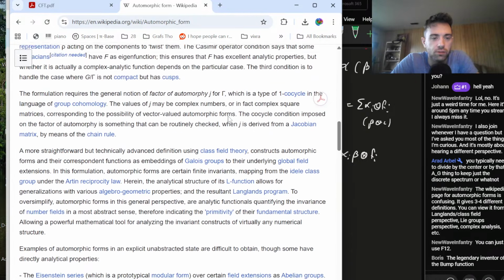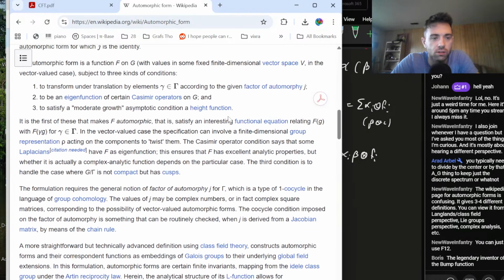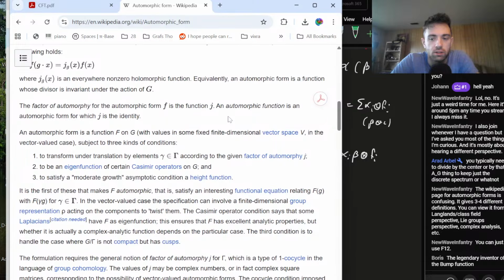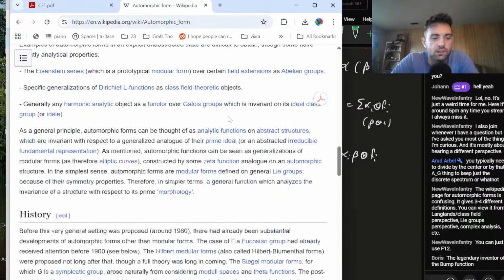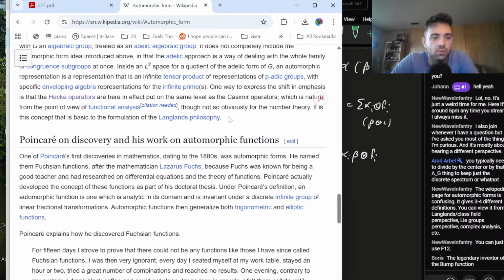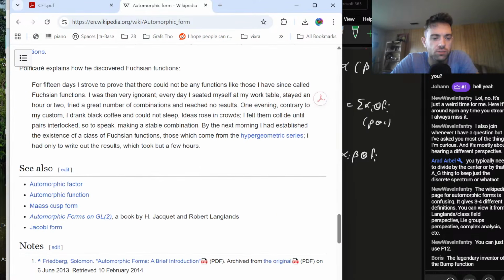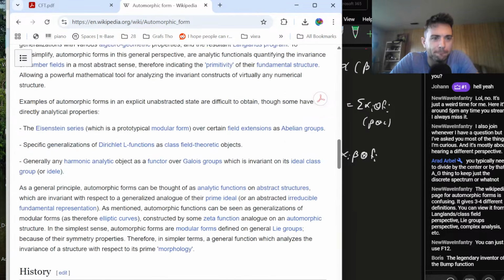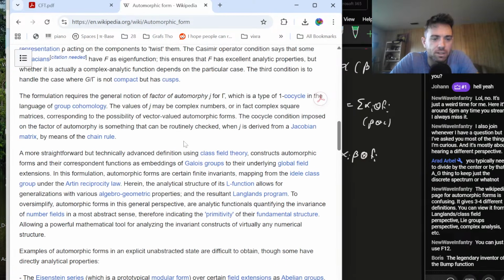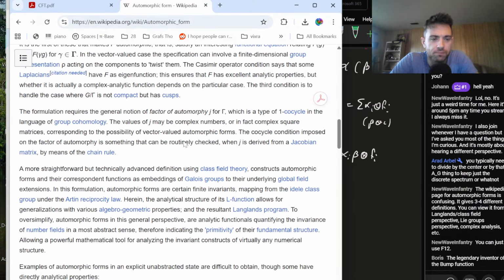They don't really give a rigorous definition, actually. History, automorphic representations. Yeah, they don't even give a definition, the proper one. That's part of the problem.